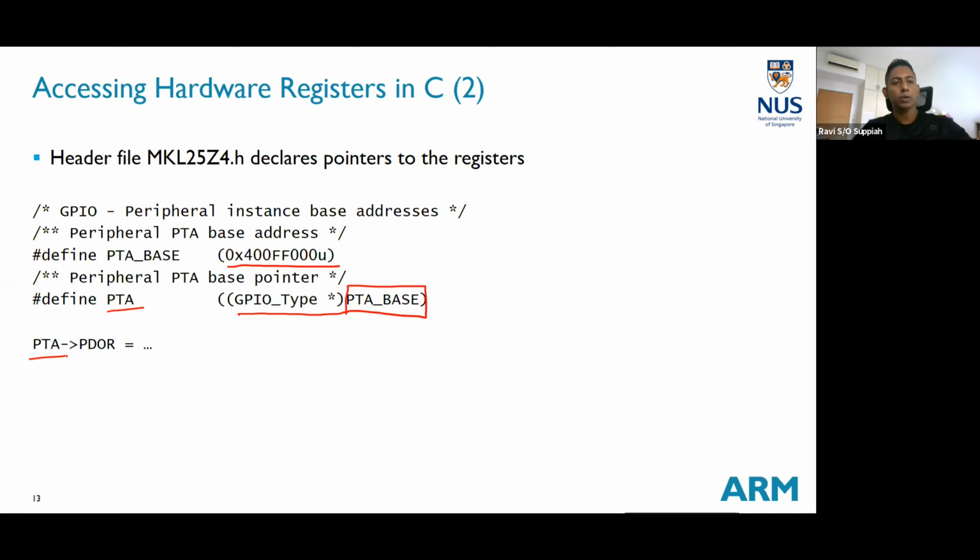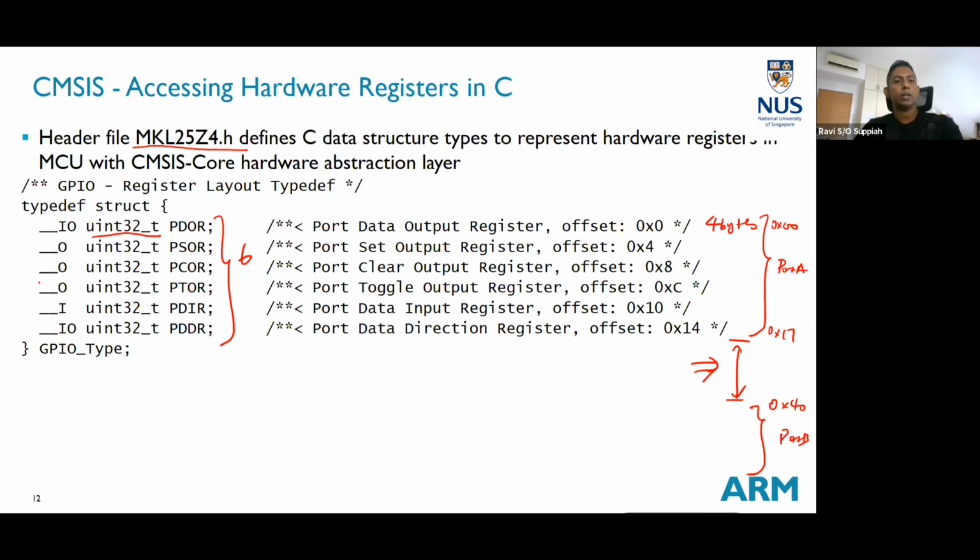So when I use this notation, PTA is pointing to the address 0x400FF000, and in that address, the first 4 bytes, PDOR, is also defined to be the first 4 bytes over here.